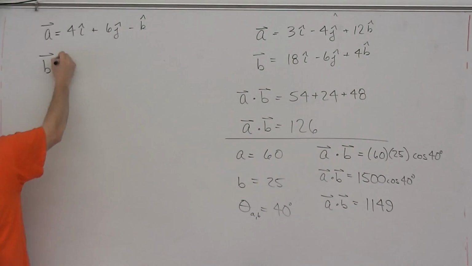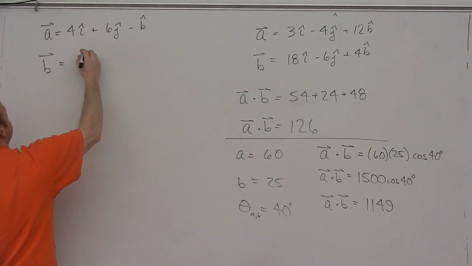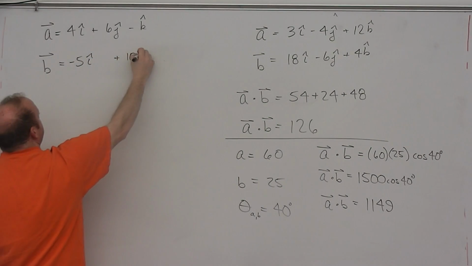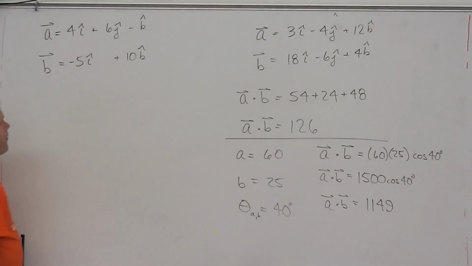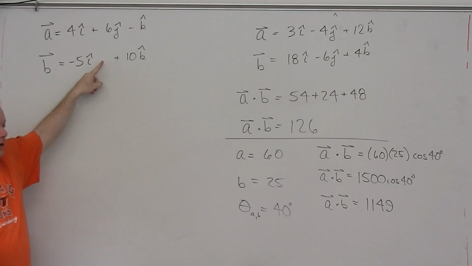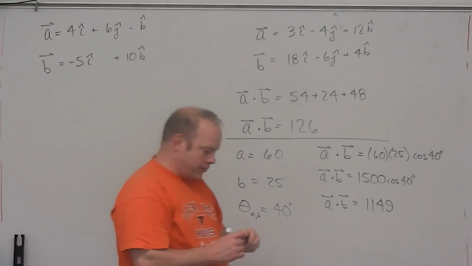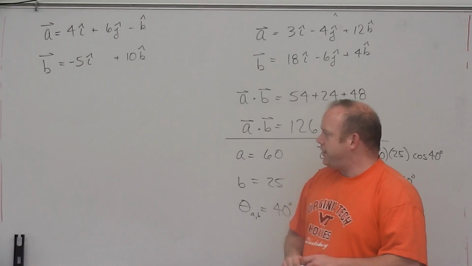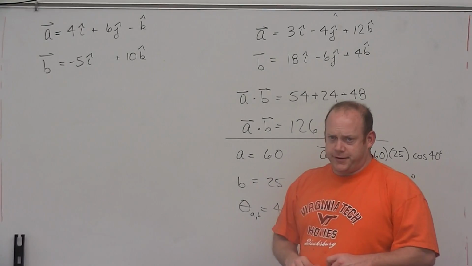Let's make B equal to minus 5i, nothing in the j, plus 10k. If there's no j, what do you assume it to be? Pause for a second. 0, very good. So the y component for B is 0.